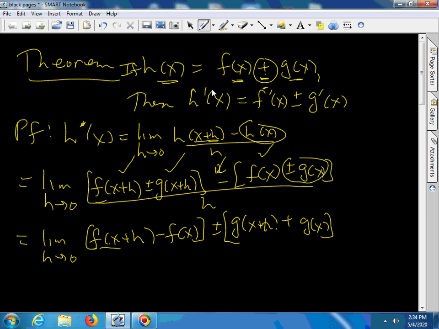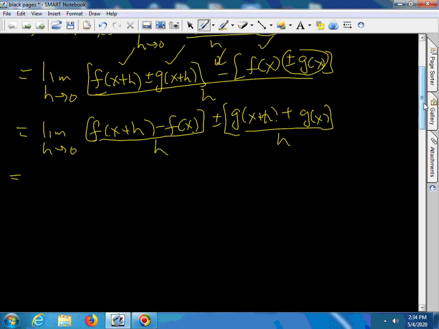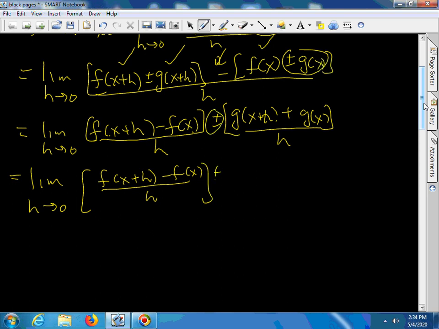To save a little time, we could divide both of those terms by h, and we are almost done. We just have to distribute the limit. The limit of the first term plus or minus the limit of the second. And there's a typo here.